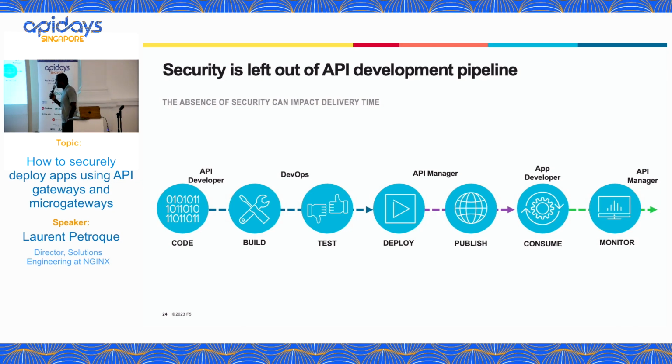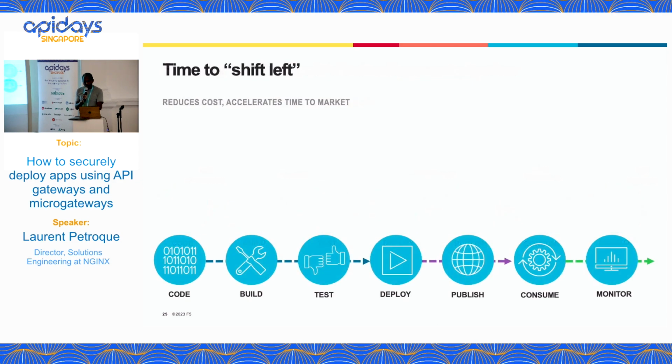So that's why now we're more into the shift left trend. It's not only the infra staff who deploy all the security, but really making sure that security is taken into account earlier in the development process and earlier in the rollout process.